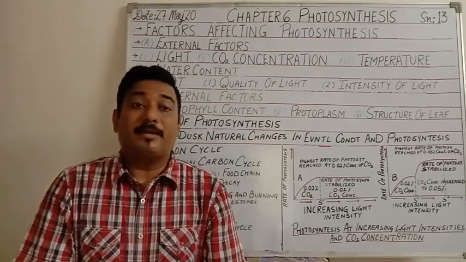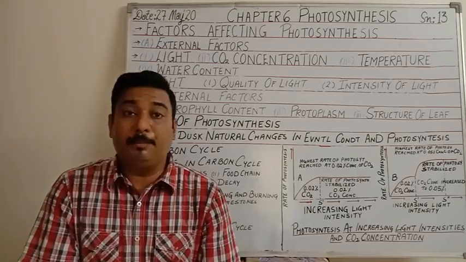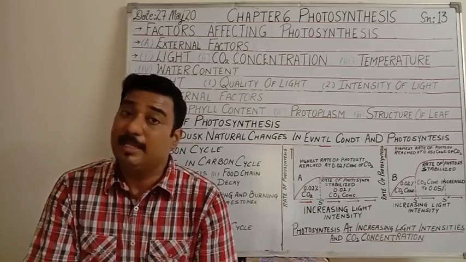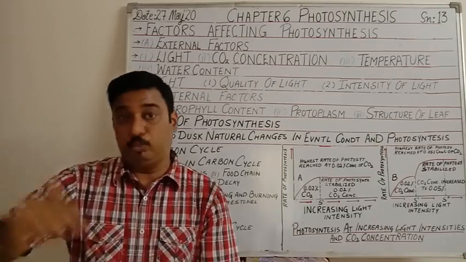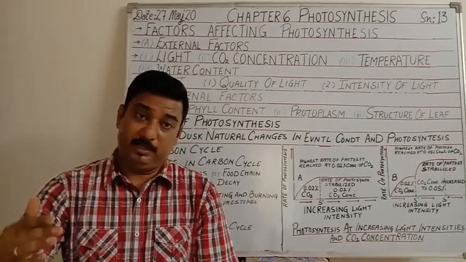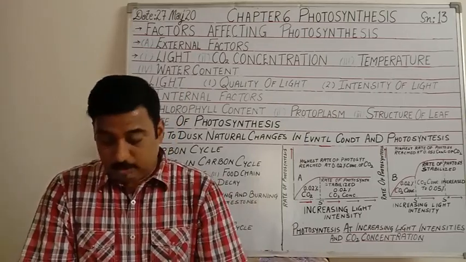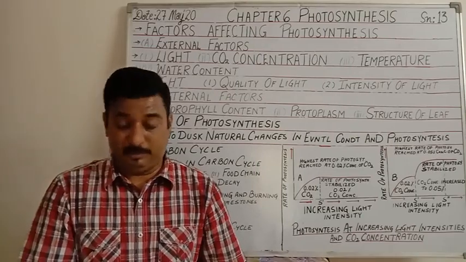Furthermore, a rise of 10 degrees up to the maximum optimum temperature of 35 degrees Celsius, that is from 25 to 35, will double the rate of photosynthesis.